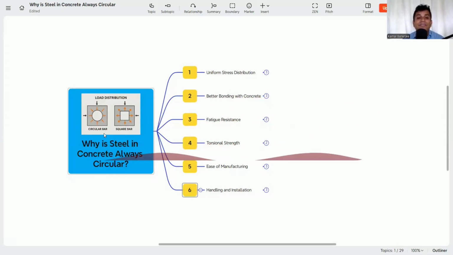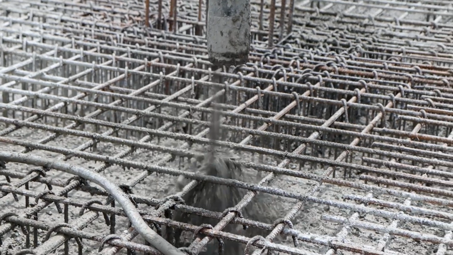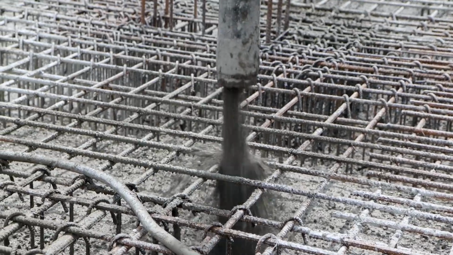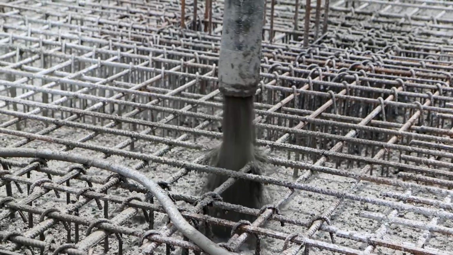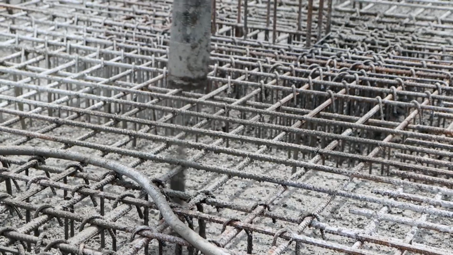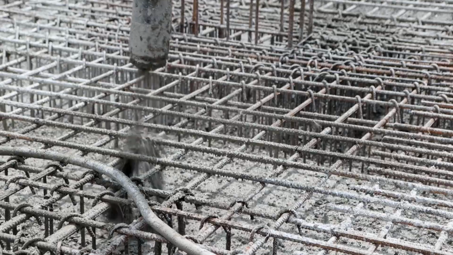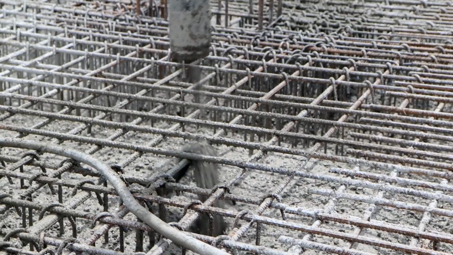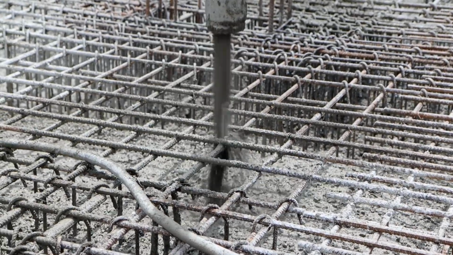So today's topic is why is steel in concrete always circular. Now we all know that concrete is the main pillar of construction. In any modern project, we cannot even think without concrete. And now the concrete is not only plain concrete, it is the RCC, or reinforced cement concrete. That means we need to place a reinforcement bar inside the concrete in order to get the durability or the structural stability.